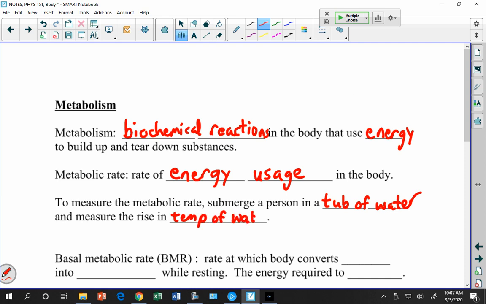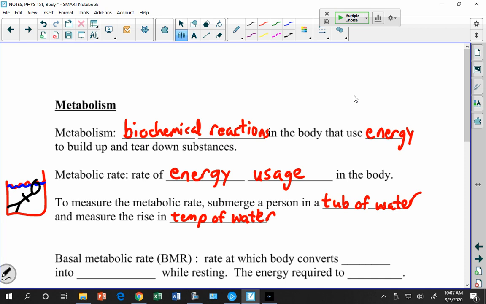It's sort of like the bomb calorimeter, except they're not exploding the person like in a little bomb. But you have this big tub of water. Let me draw it blue. It looks like lava water now. And then you put a person inside of it, and you just wait. You measure the temperature of the water, and how long it takes the temperature of the water to go up a certain amount will tell you something about their metabolic rate.